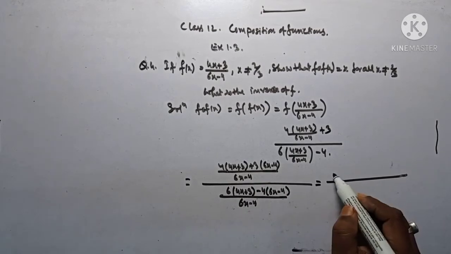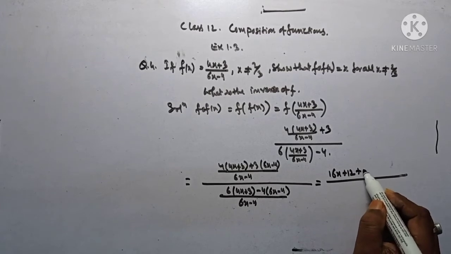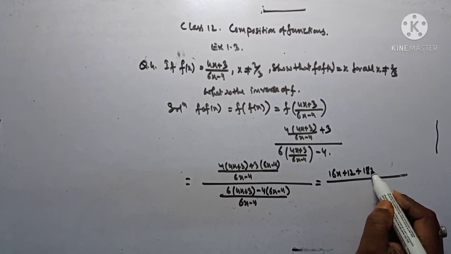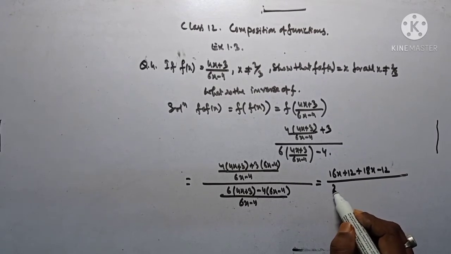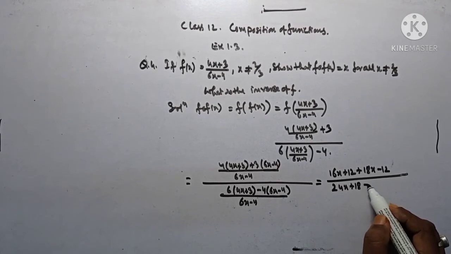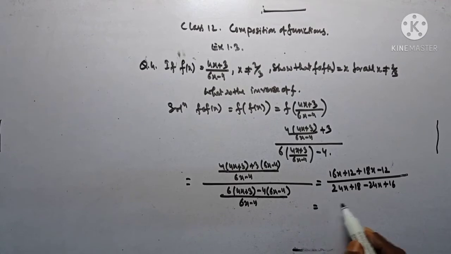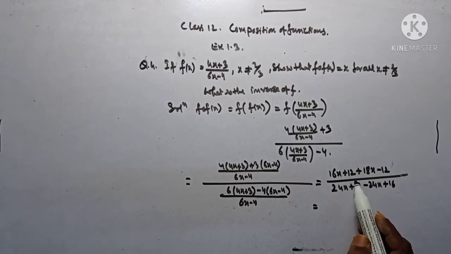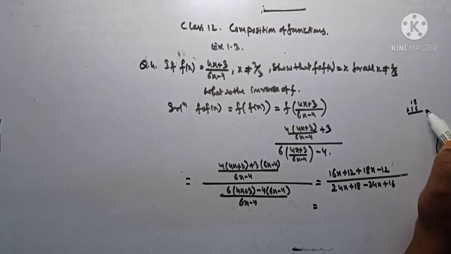This cancels out. 16x plus 12, 3 6s are 18x minus 12, over 24x plus 3 6s are 18, minus 24x plus 16. So the 12 cancels out. 18 plus 16 will be 34.